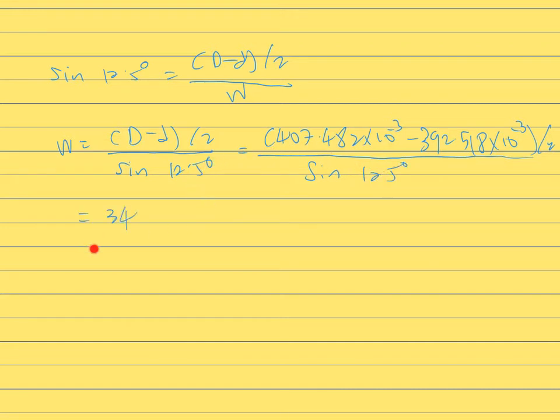So simplify, we get the value for first wedge W equal to 34.596 power negative 3 meter, or in millimeter, 34.569 millimeter. The next question, based on uniform wear theory, why is the cone clutch frequently designed at 12.5 degree?